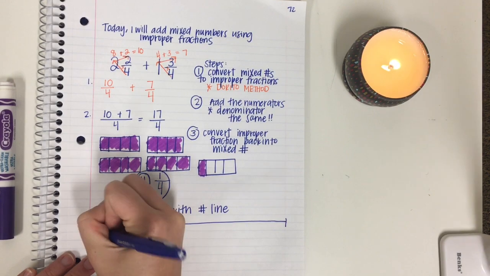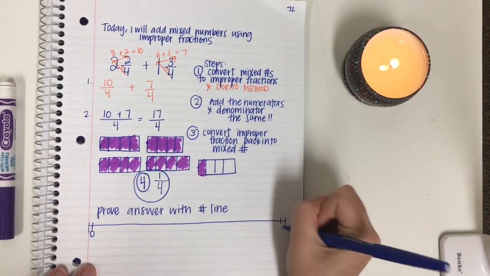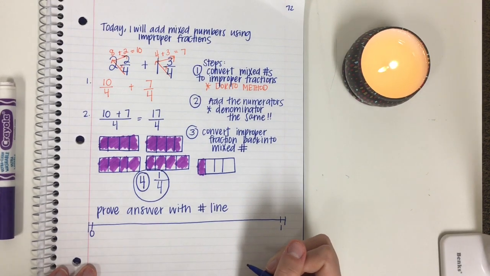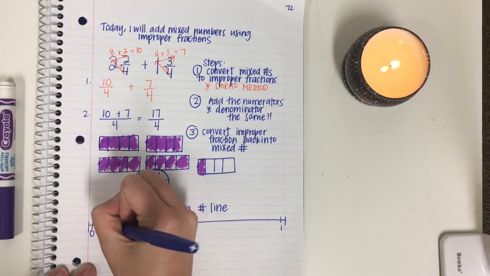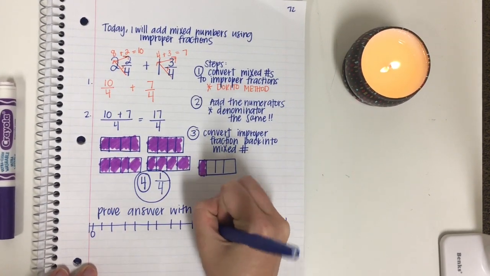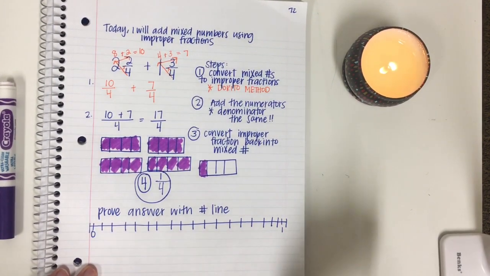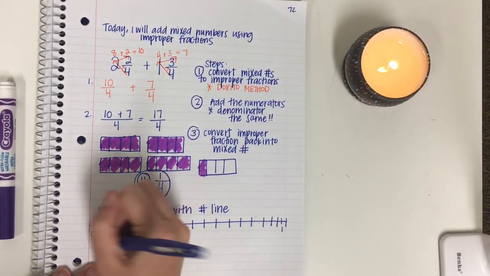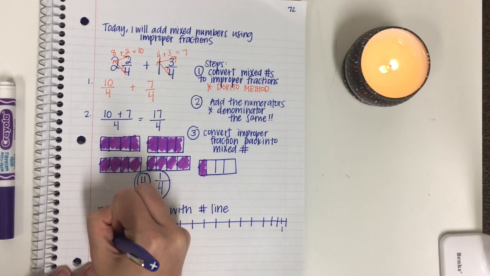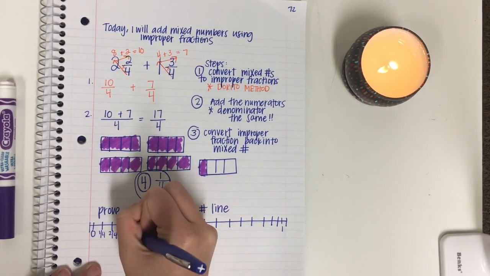We're gonna need to make this one big, right? Because we have 17. So we have 0 and 1. Now I need to do 17 parts. So I need to do 1, 2, 3, 4, 5, 6, 7, 8, 9, 10, 11, 12, 13, 14, 15, 16, 17. Okay? So I have 1/4, 2/4, 3/4. I'm going to go all the way to 17.